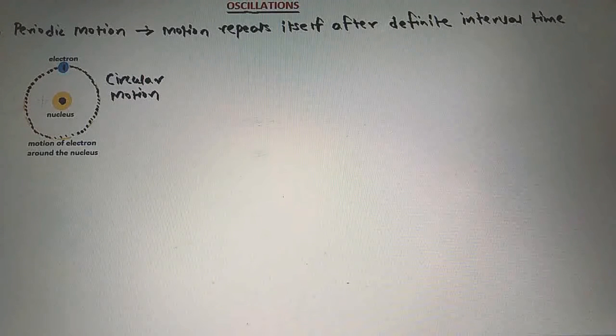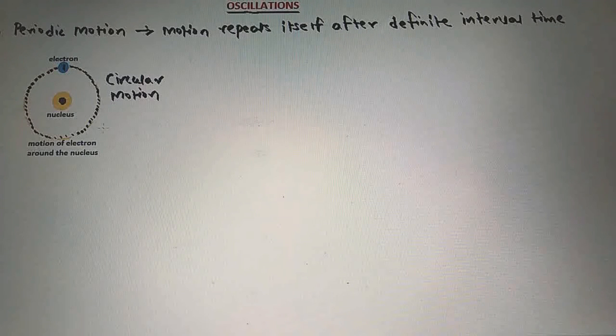So the motion of the electron around the nucleus is a periodic motion. This is the first example of periodic motion.